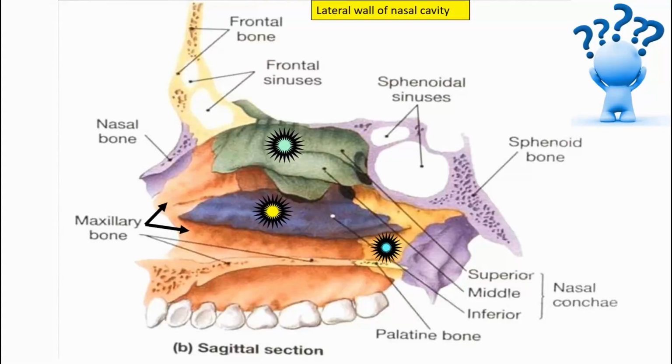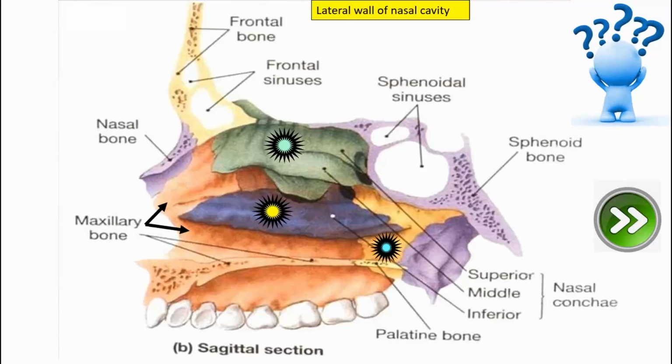They are the middle and superior conchae. They meet anteriorly, and as they go posteriorly they separate, and they are part of the ethmoid bone.